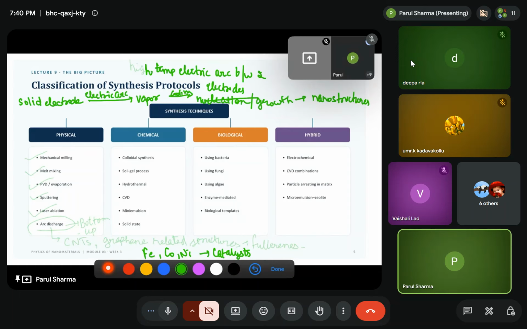So next, these were all the physical methods for the synthesis of nanomaterials. Next are chemical techniques.